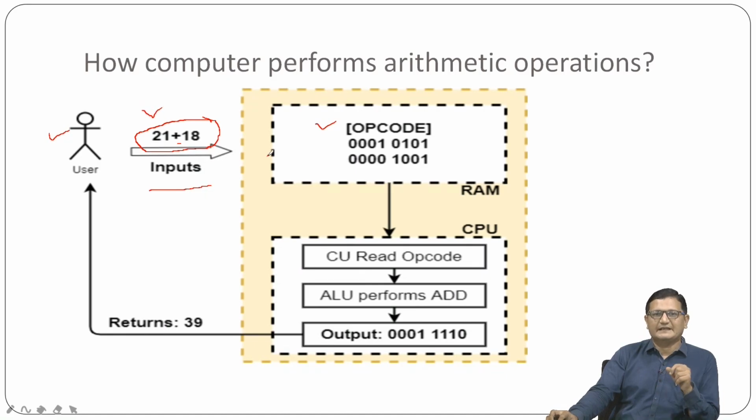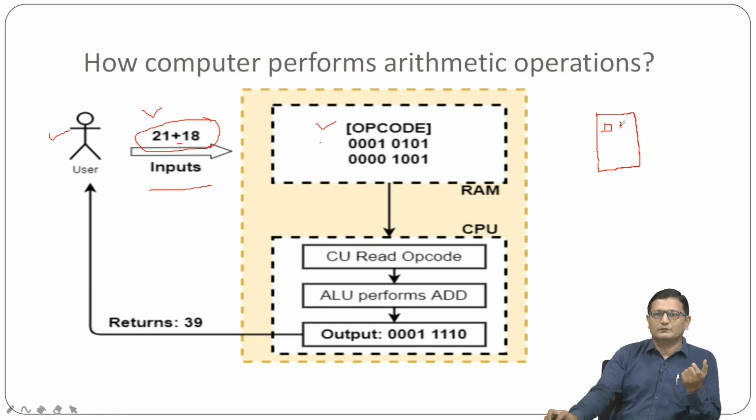You are entering 21, but the computer cannot understand decimal numbers, right? Why? Because we know that our computer works in the form of ICs. So in the hardware of the computer, in the memory, what we have is ICs. IC stands for integrated circuits, and these have millions and billions of small capacitor and transistor kind of devices, right?